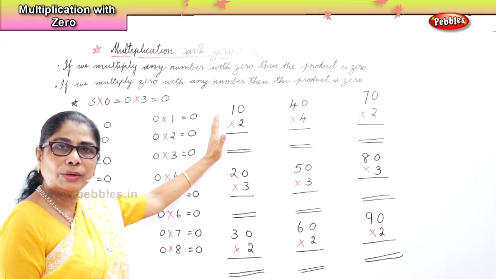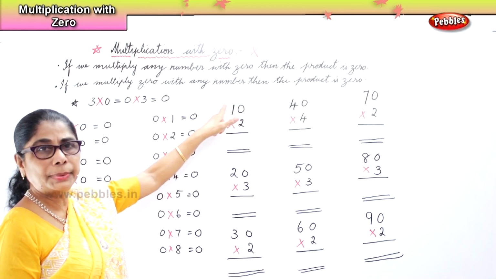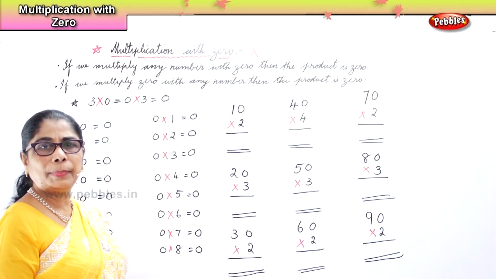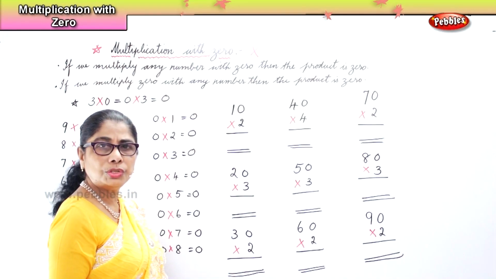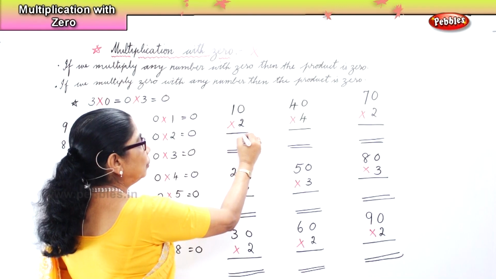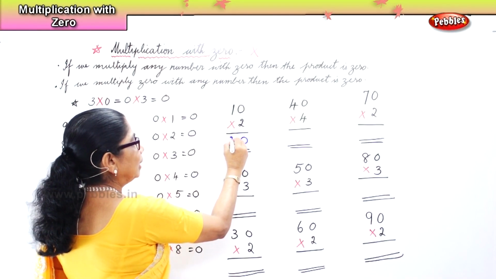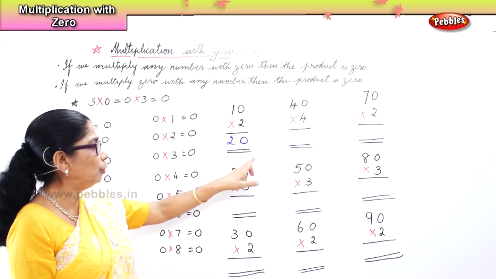Now, let's look at two-digit numbers. When it is a two-digit number, you have 10 here multiplied by 2. 0 into 2, you get the answer as 0, then 1 twos are 2. You are multiplying 0 with 2, you get 0.